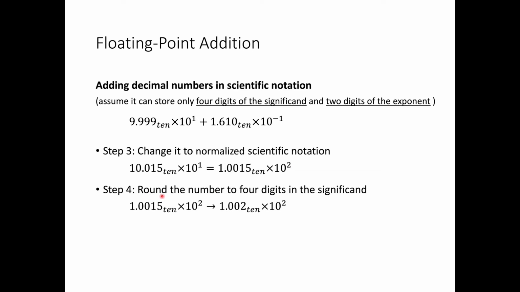And also remember that according to the definition, we assume it can only store 4 digits of the significand and 2 digits of the exponent, but here we have 5 digits of the significand, so we should round the number to 4 digits in the significand. So the final result should be 1.002 times 10 to the power 2.